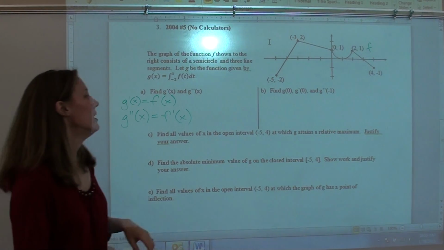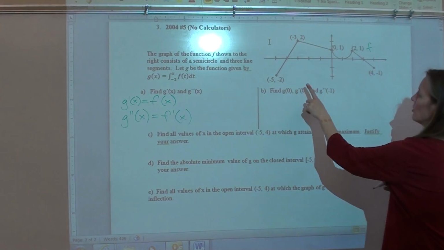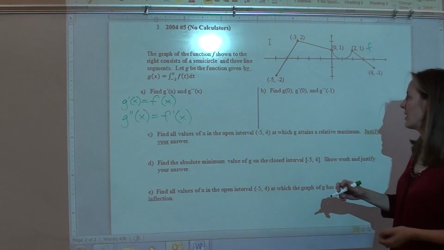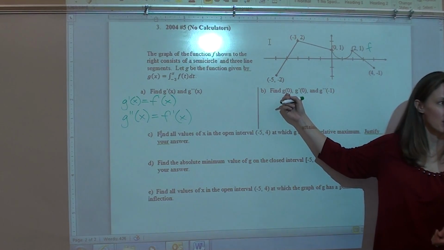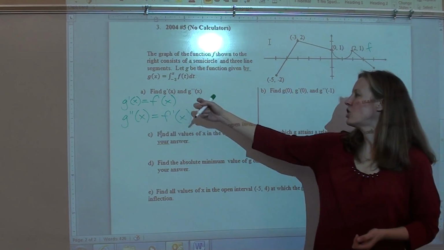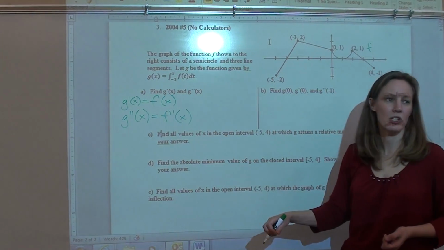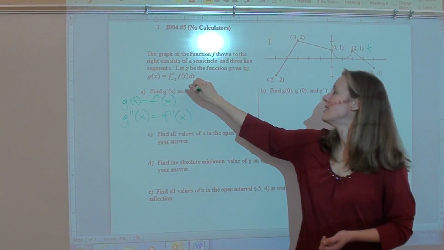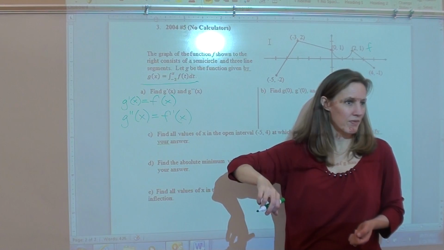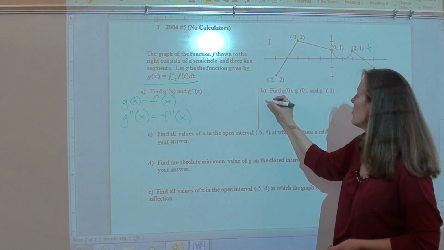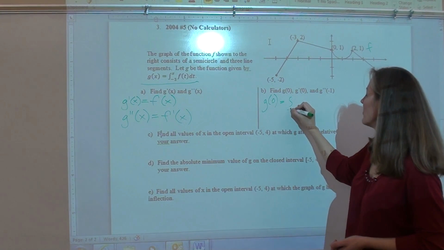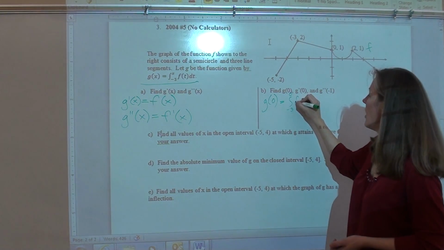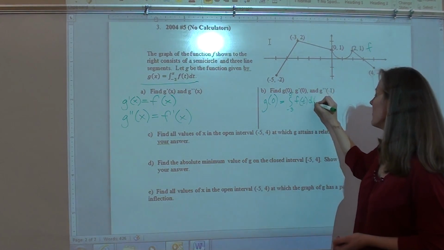All right. Now we have to find g of 0, g prime of 0, and g double prime of -1. The hardest of these 3 is the first one, g of 0, because g prime is just f, and g double prime is just f prime. But g is this integral. So if we want g of 0, that's the integral from -3 to 0 of f of t dt.